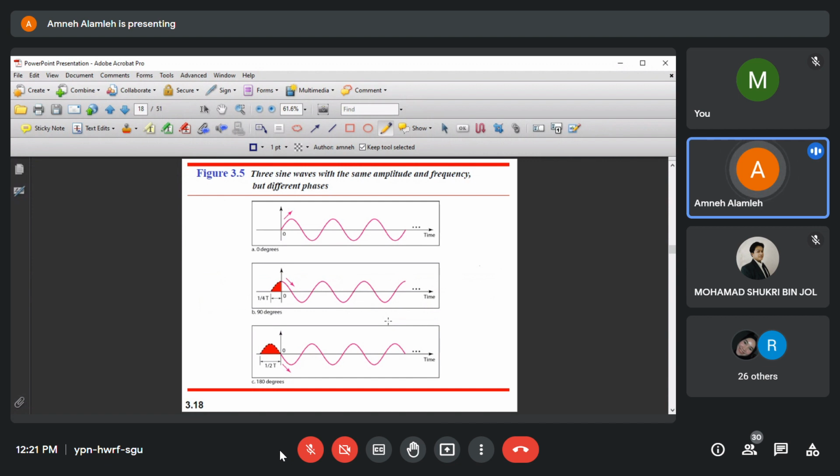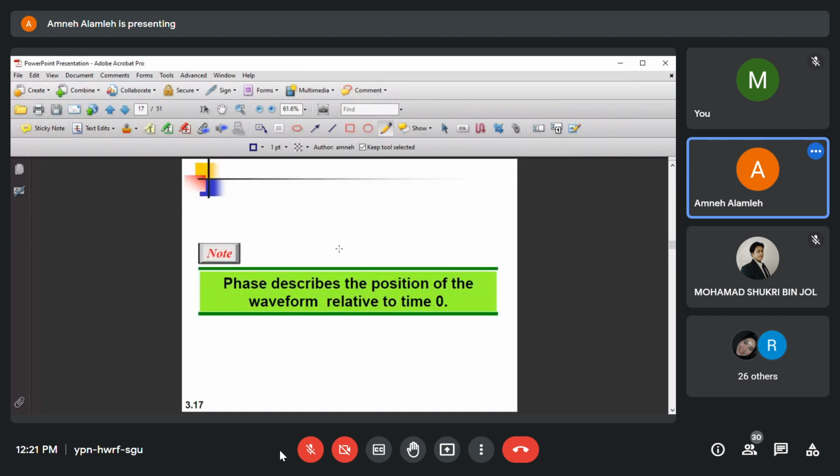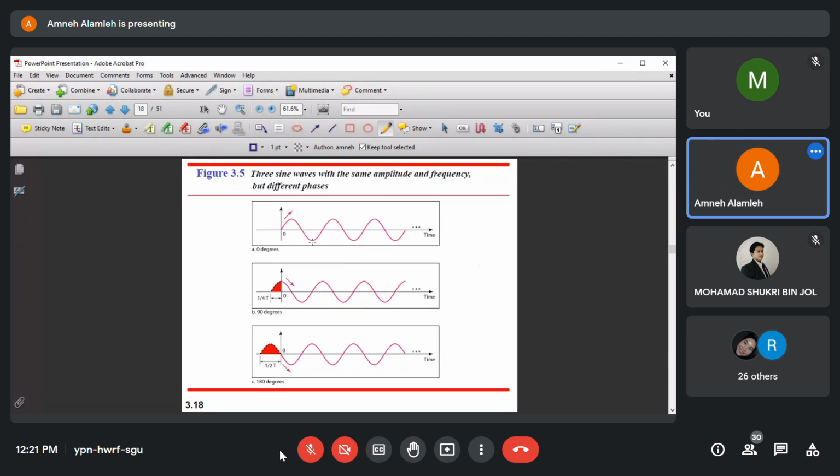In this figure, three sine waves with the same amplitude and frequency, but different phases. So we said the phase is the position of the waveform. Look at the first waveform and how it starts. It starts at the beginning of the wave.